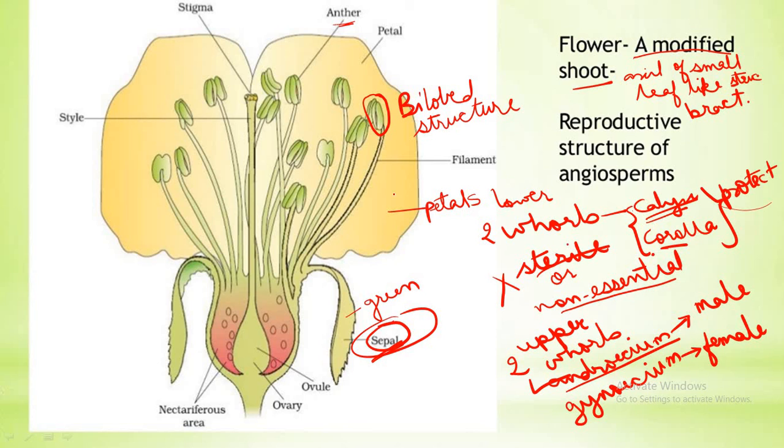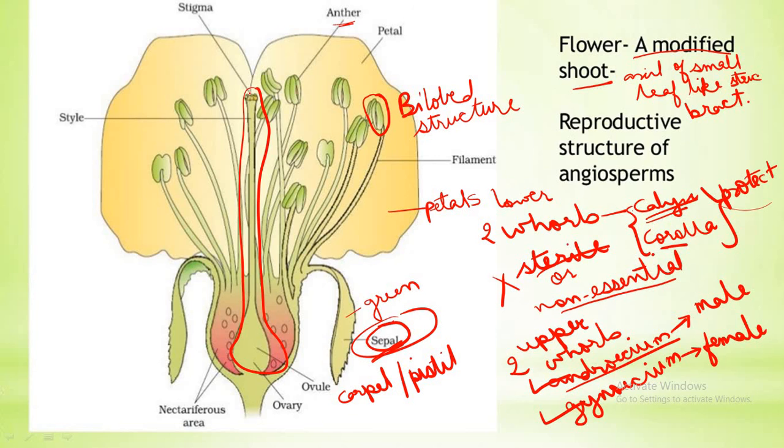Now let us start with the last part, that is gynoecium. Gynoecium is the female reproductive whorl. An individual appendage of gynoecium is called carpel, or it is called pistil. It contains three parts. Here you can see the central part is the carpel, or it is known as the pistil. It consists of three parts.